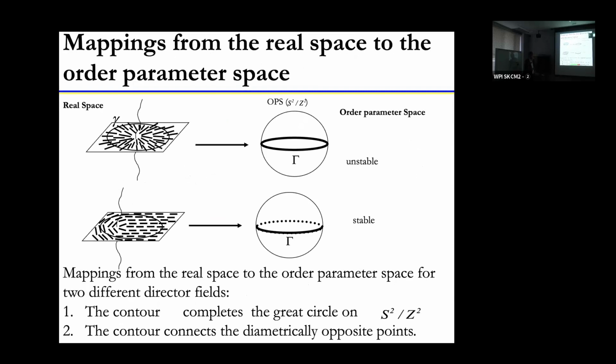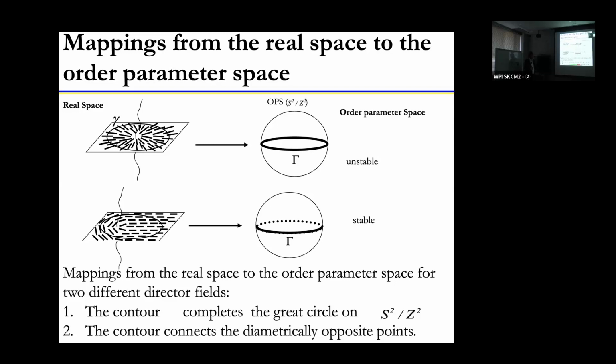When our order parameter space is not S2, but S2 mod Z2, while these types of defects can be smoothly morphed to the uniform state, so this loop can be contracted to a point, the half-integer ones, the ones which have only a 180-degree rotation of the director around the defect line core, are actually topologically stable.